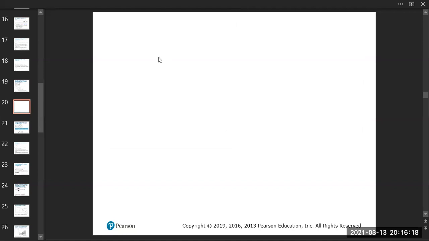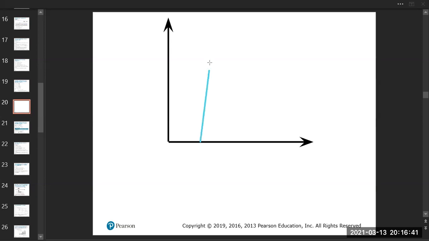First of all, you have the x-axis and y-axis, and you have x equals to 0 and x equals to 1.